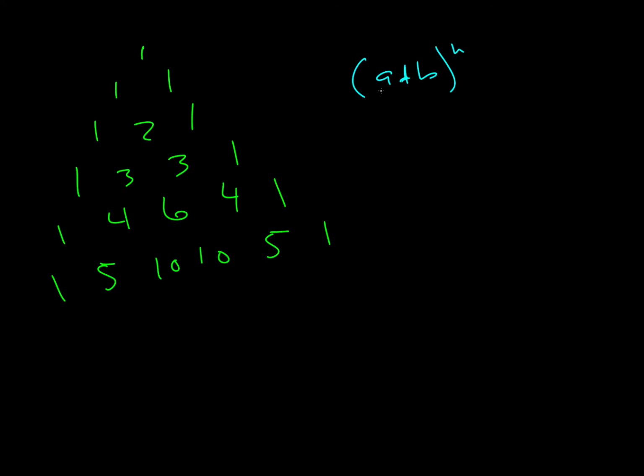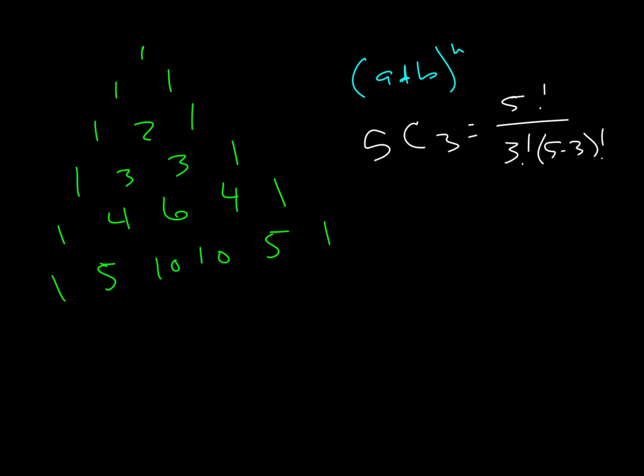Now, another cool thing about this is when we're talking about combinations, so if we have like 5 choose 3, the old way is going to be 5 factorial over 3 factorial times 5 minus 3 factorial.